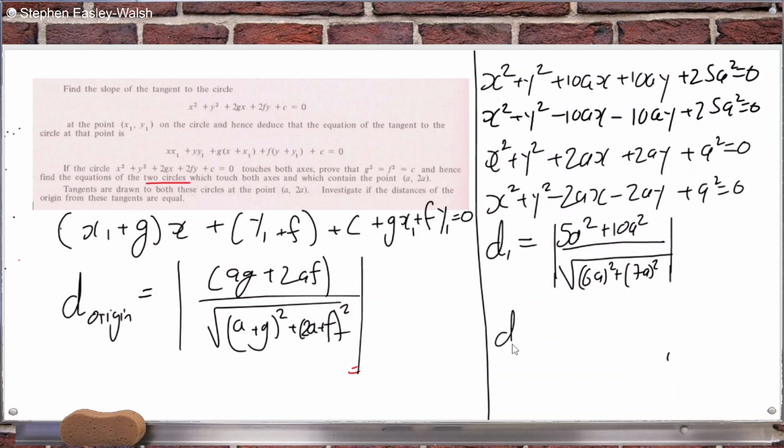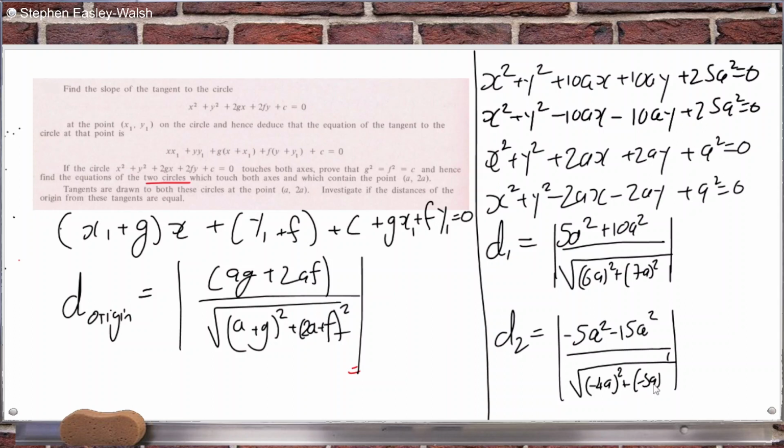Okay, the second distance is going to be ag minus 5a, so that's going to be minus 5a squared minus 15a squared all over the square root of a minus 5a, so that's minus 4a squared, and then 2a minus 5a is minus 3a squared.